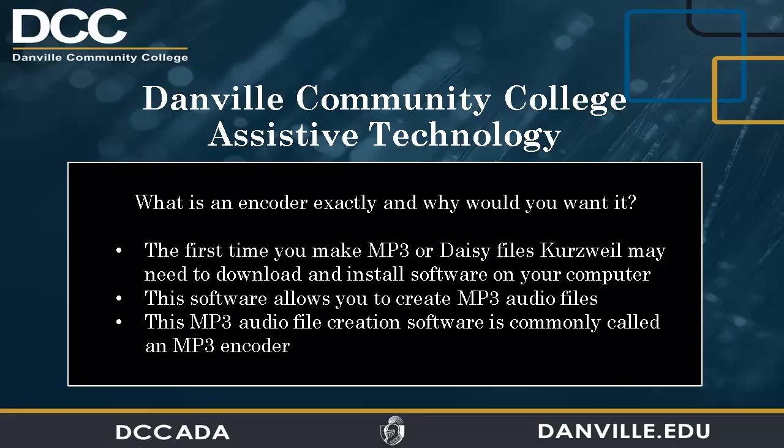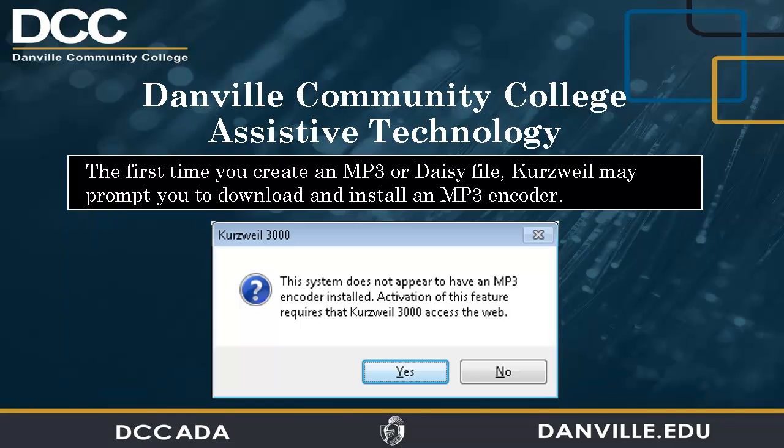The software Kurzweil may need to download and install enables your computer to create MP3 audio files and Daisy reader files. This MP3 audio file creation software is commonly called an MP3 encoder.